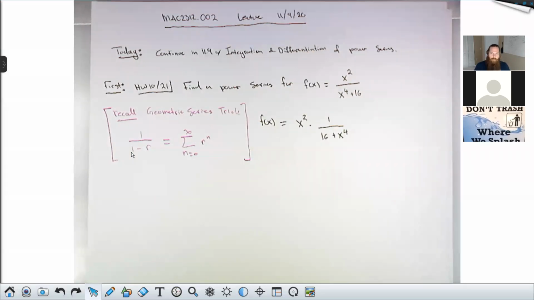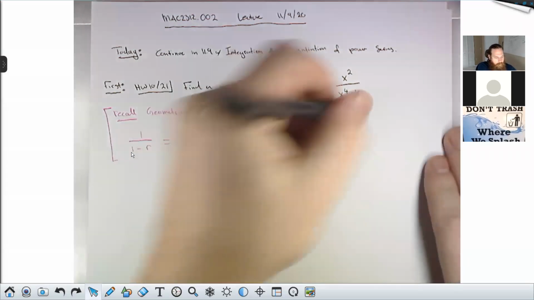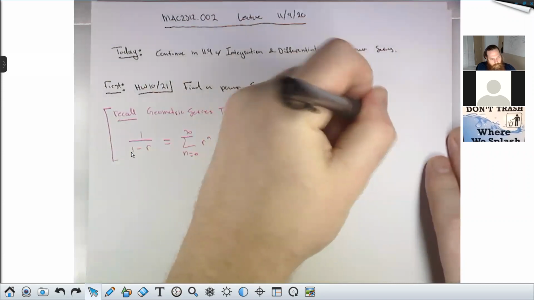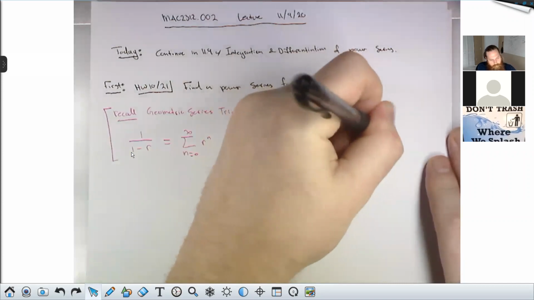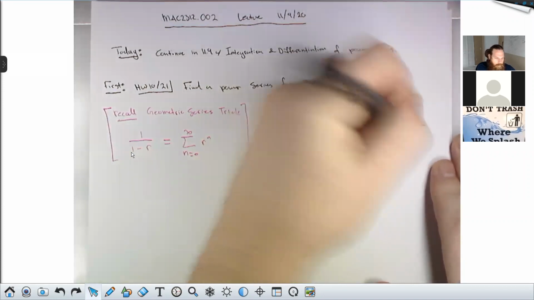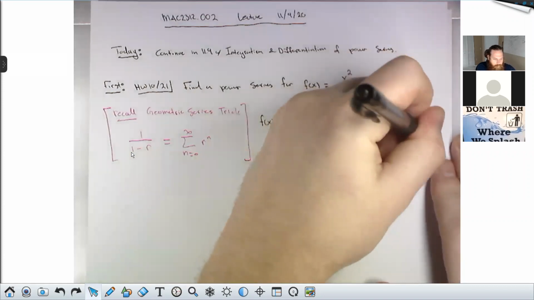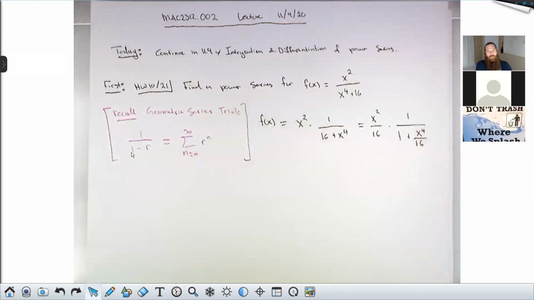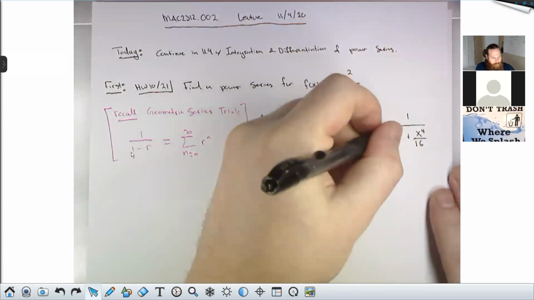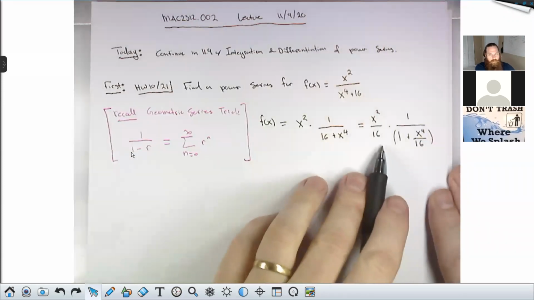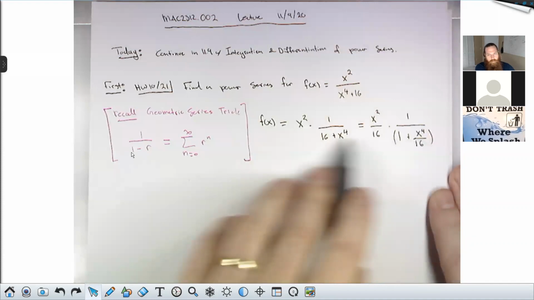And then I will factor a 16 out from the denominator. So I'll get x squared over 16 times 1 over 1 plus x to the 4 over 16, like this. All right, remember fractions are grouping symbols, so it's like this. And when you multiply this 16 distributed across here, you will get this.